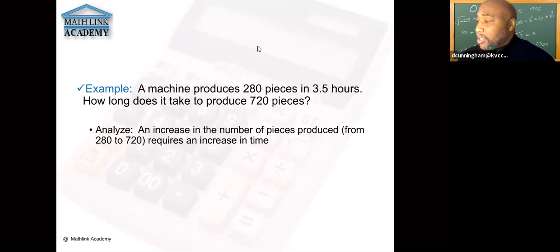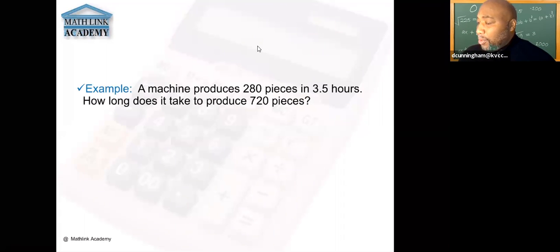So how we can set this up, there's a couple of ways you can do it. It doesn't have to be exactly this way, but this is one way to look at it. We can say 3.5 hours divided by 280 pieces.